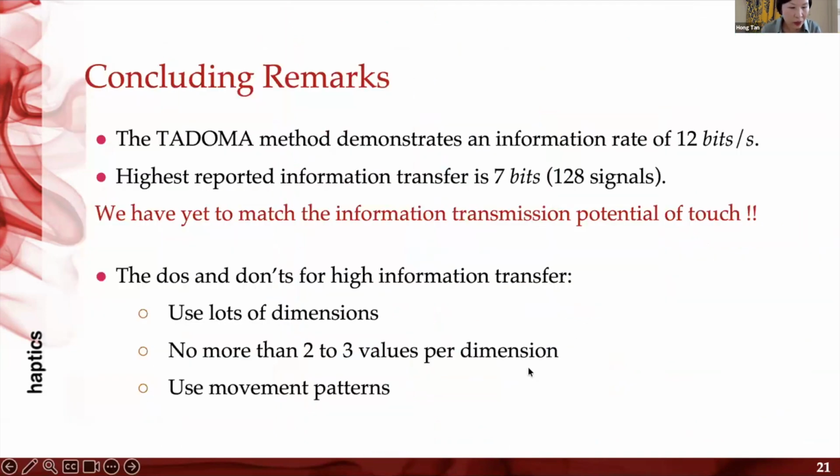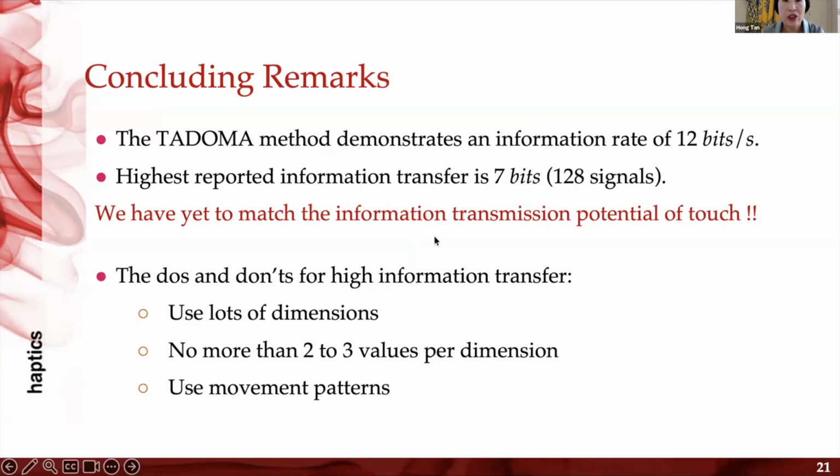So I want to conclude by saying that the Tadoma method demonstrates an information rate of 12 bits per second, but the highest reported information transfer is only 7 bits. And actually, it's really hard to measure rate, so we don't even have a rate. But that's a huge discrepancy, right, between the two numbers.